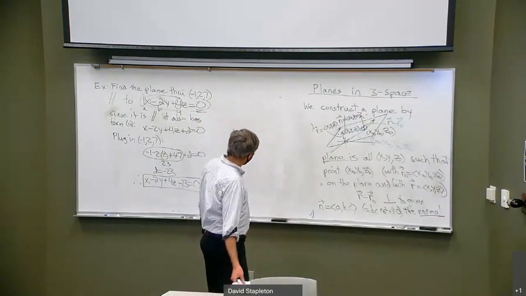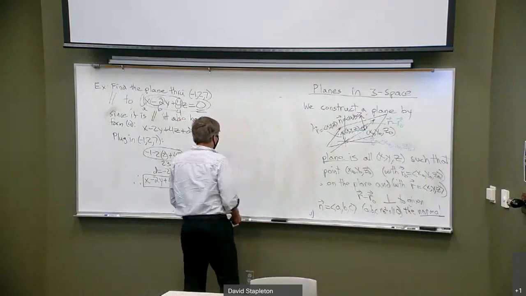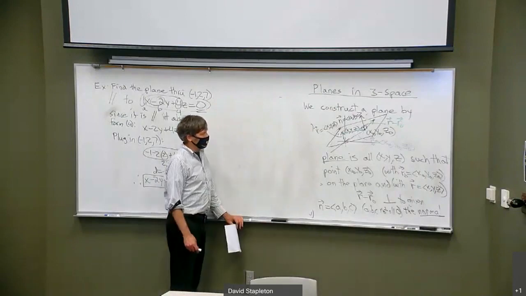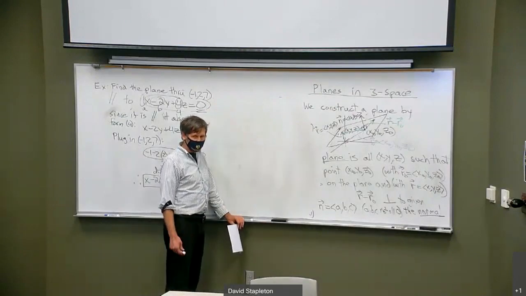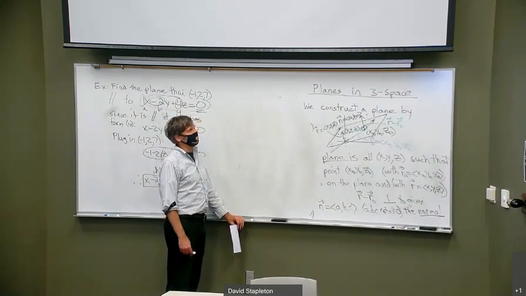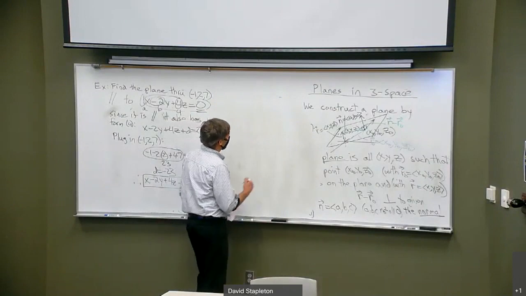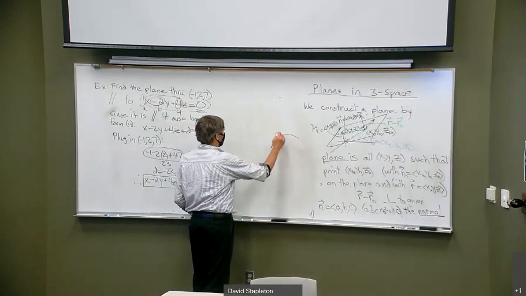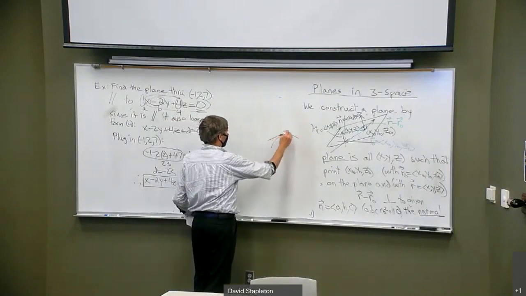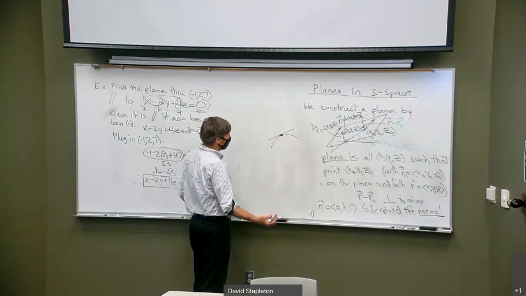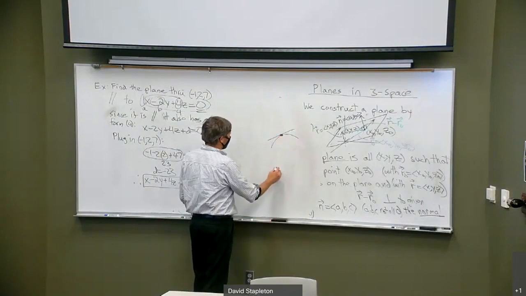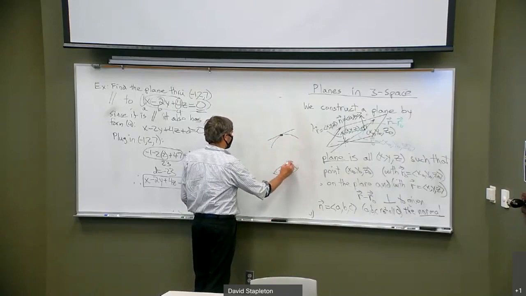By the way, the point-normal form is especially nice for finding tangent planes to surfaces. We'll do that next semester. But just like in calculus 1, if you have a point and a slope of the tangent, you can immediately find the tangent line using the point-slope form of the line. Similarly, now in calculus 4, you consider surfaces, where z is a function of x and y.